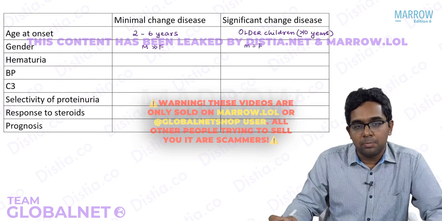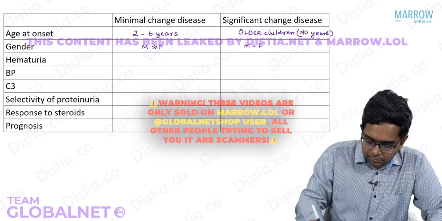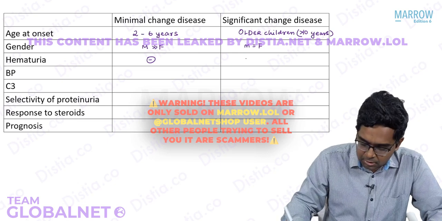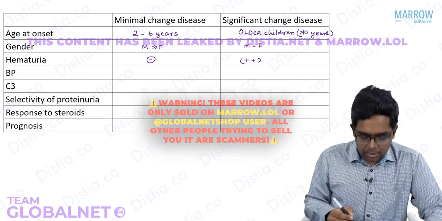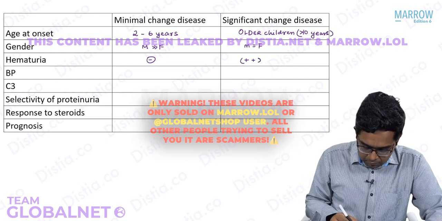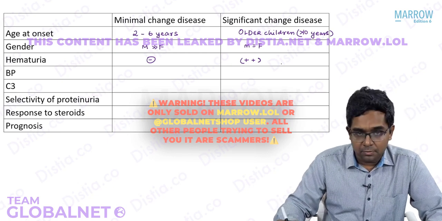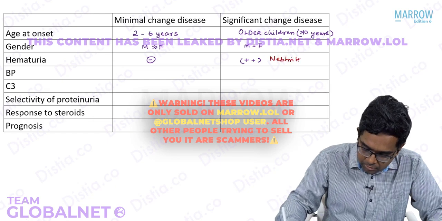Third is the incidence of hematuria. Remember, minimal change disease is a typical type of nephrotic syndrome where there is no associated hematuria, whereas in significant change disease, there is usually association with hematuria. Now remember, hematuria is a characteristic feature of nephritic syndrome. So this type of nephrotic syndrome with presence of hematuria is called nephritic onset nephrotic syndrome.